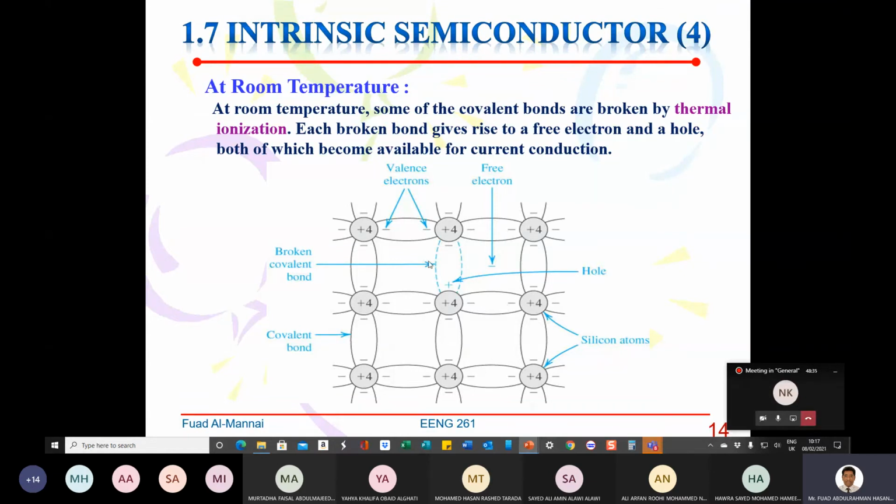As the temperature rises, at room temperature, some of the covalent bonds break. When the covalent bond breaks, you will see electrons wandering around, and that's good to conduct electricity. So at room temperature, the pure silicon crystal will act as a conductor.